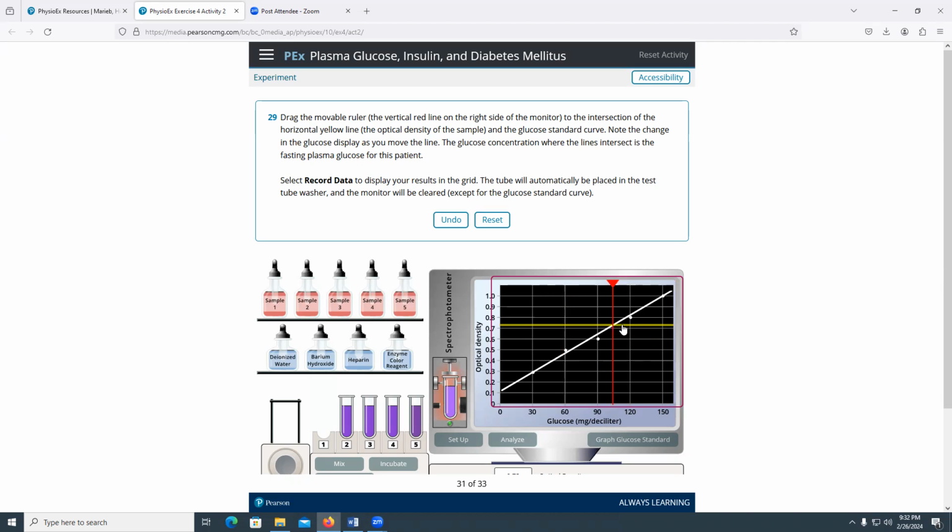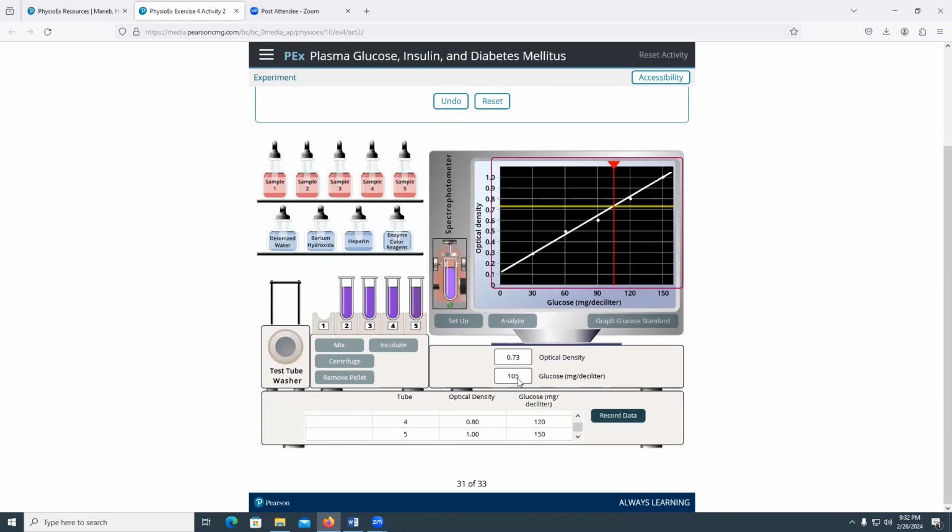So now I'm intersecting the optical density on the same graph. We're utilizing the same graph. So we're intersecting, and that comes out to about 105 milligrams per deciliter. So my optical density is 0.73, and my glucose concentration using my curve happens to be 105.